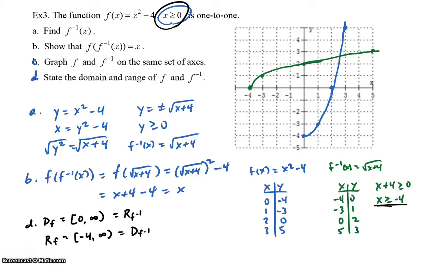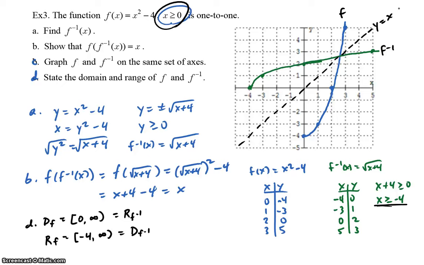Now I'm going to add one more feature to the graph. I'm going to put in a diagonal line passing through the origin. So I should have labeled these earlier. This is f. This is f inverse. This is the line y equals x. And notice when you put that diagonal line in, you see that there's a symmetry with the two graphs, the graph of f and the graph of f inverse.